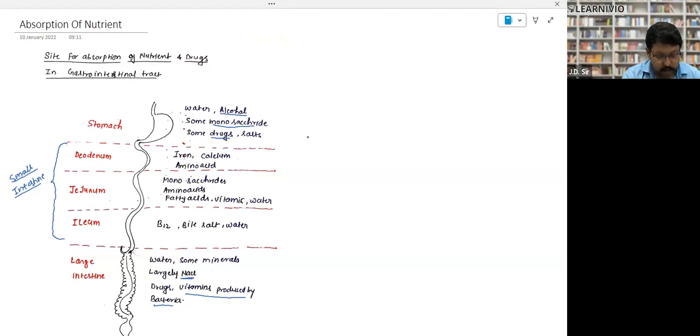Water and product of bacterial digestion like vitamin B complex are absorbed at the large intestine.